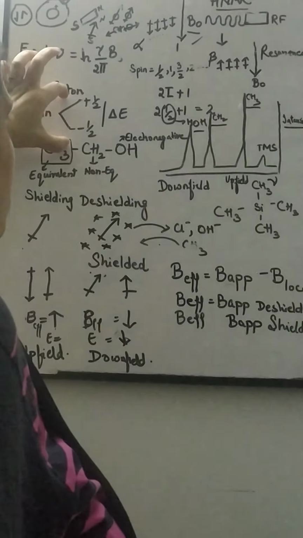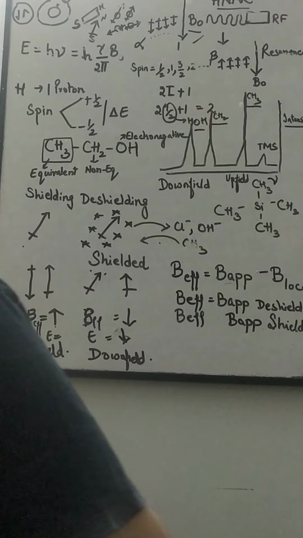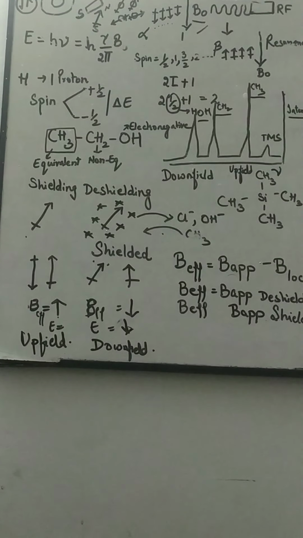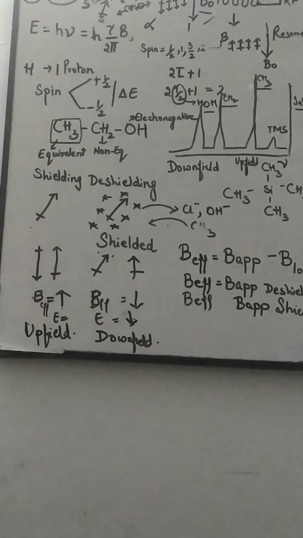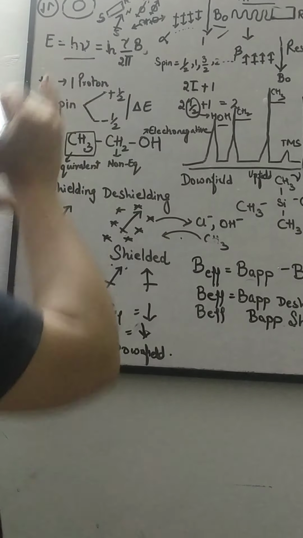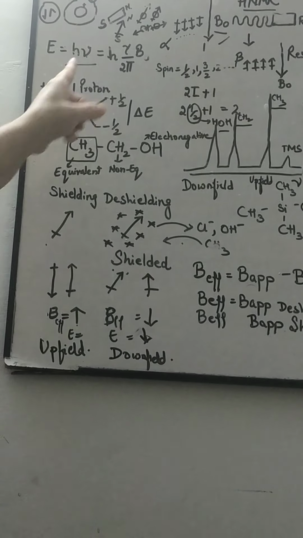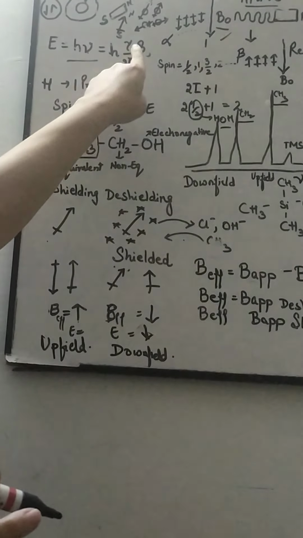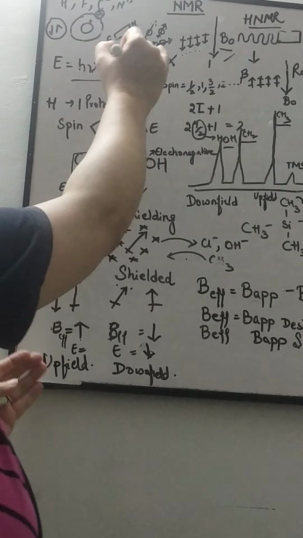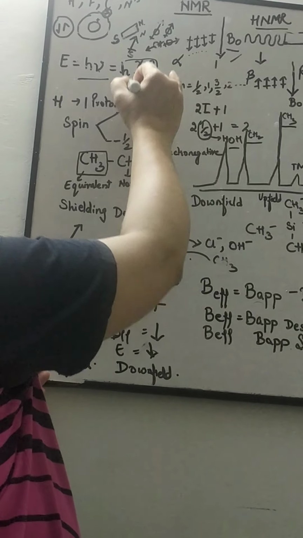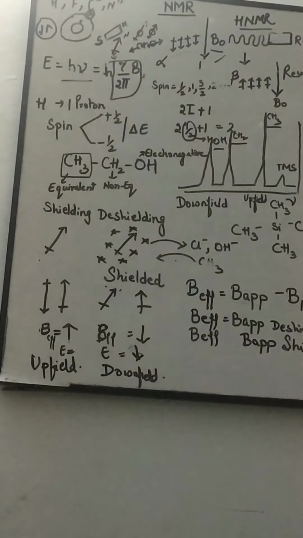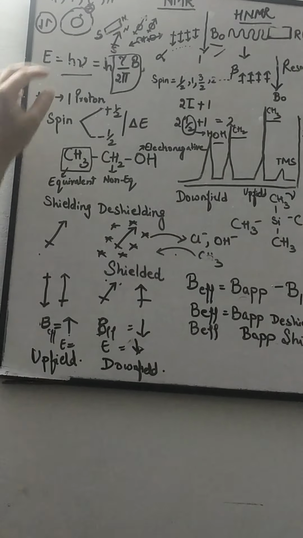If these are the two spin states for the proton, then the difference between them is given by delta E. We already know that energy is given by the equation h nu, where nu is the frequency and h is Planck's constant. And in the case of NMR, it is given by h nu upon 2 pi into B. This is the magnitude of the frequency in the case of these nuclear particles.